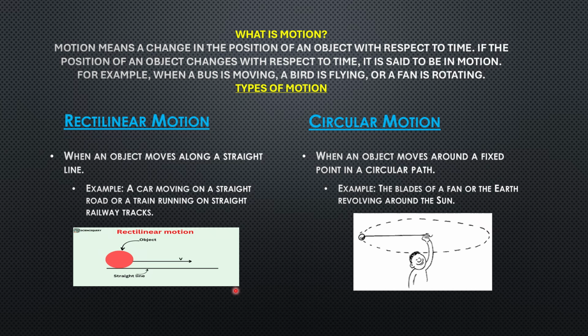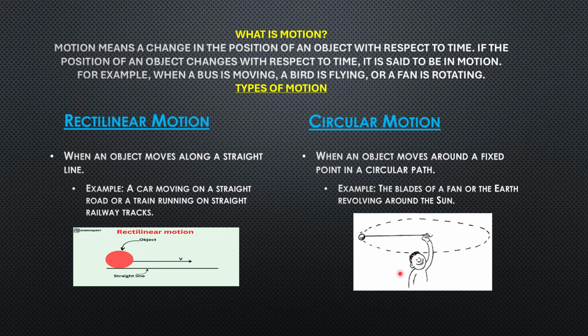Now what is circular motion? Circular, it comes from circle. We can say when an object moves around a fixed point in a circular path. Example, the blades of a fan or the earth revolving around the sun. What is this making? It is making a circle. Okay? So we will say our object is moving in a circular motion.